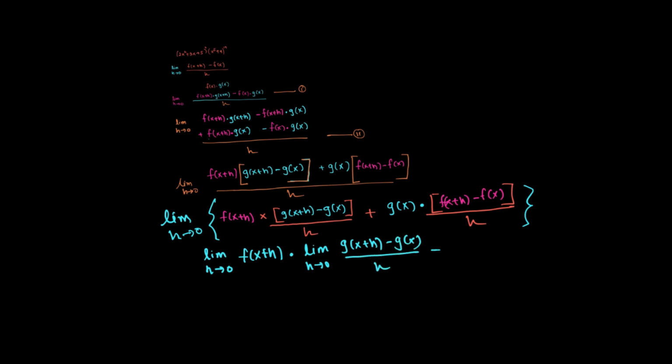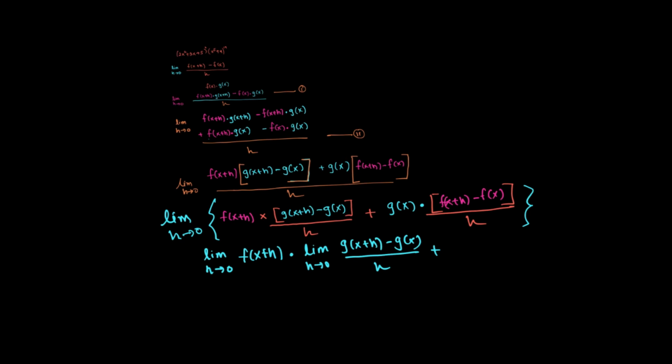And as you can see, this g of x doesn't have any h in it, so we don't need to take the limit, because the limit is tending to 0 for h, and g of x doesn't contain any h value. So we can simply write g of x.